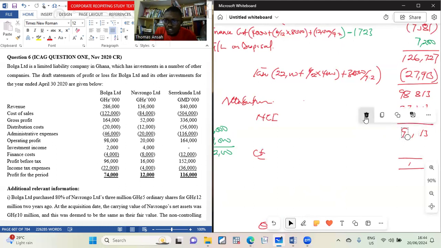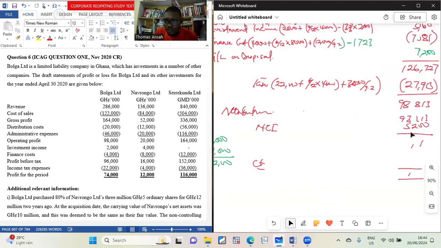It doesn't mean when you share the P&L before sharing the OCI, you are wrong. At the end of the day, the total is the same. So this line too must come down. So this one will be out.